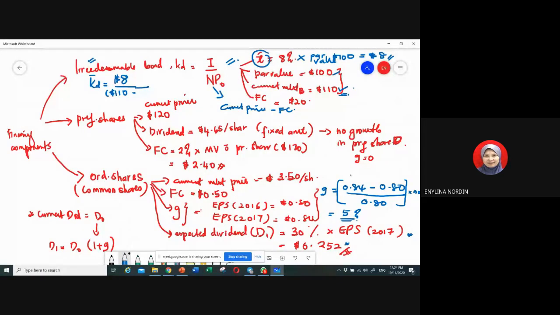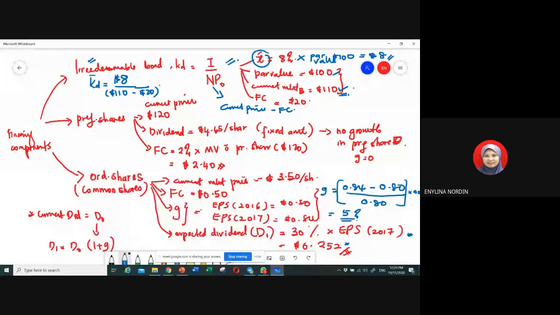Sometimes flotation cost will be given in the form of a percentage, so we need to calculate it. And then you will get the cost of debts. 8 ringgit divided by 90 ringgit, and multiply by 100 because we want to know the percentage. So you will get the value of 8.88%.